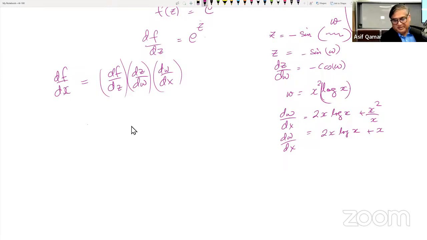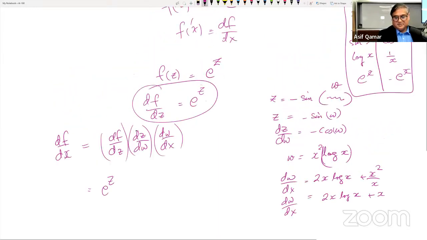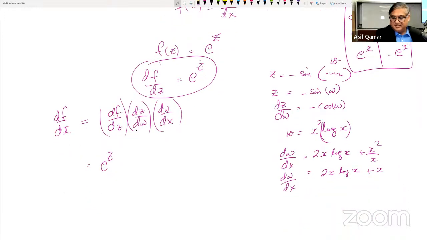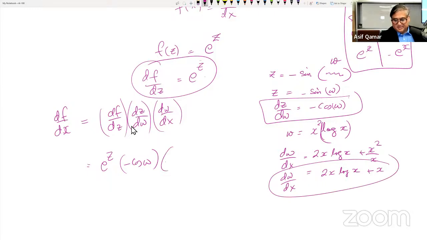And so your answer would be, therefore, e to the z is this part, then dz/dw is minus cosine w, times dw/dx, which is 2x log x plus x, right?